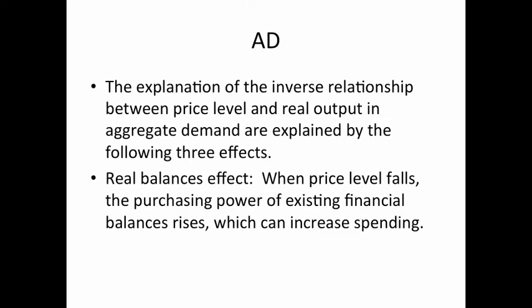I can go out and afford to buy more bread and go to the movies more often and take more trips. When the price level goes down, my purchasing power goes up. Therefore, I can spend more money. So that's the real balances effect. When the price level goes down, purchasing power goes up, and therefore spending can increase. So again, an inverse relationship between the price level and spending in the economy.